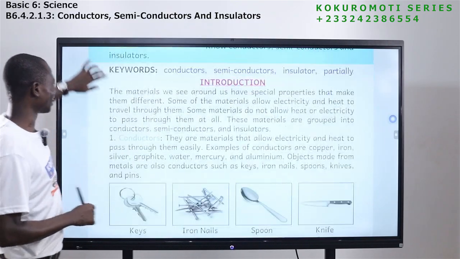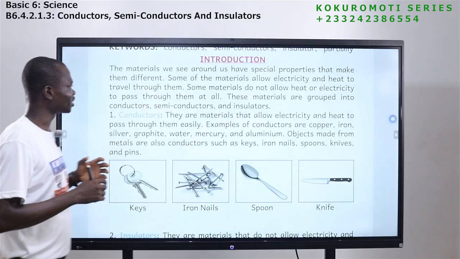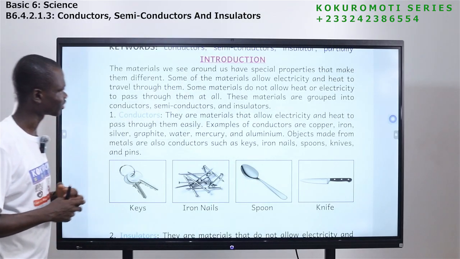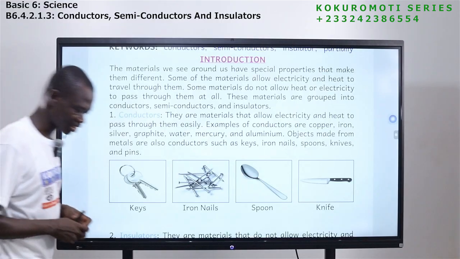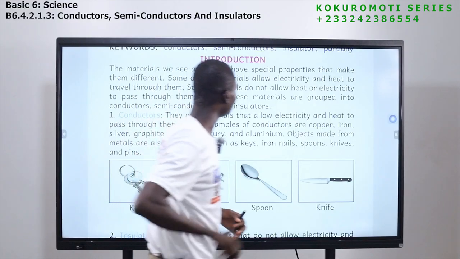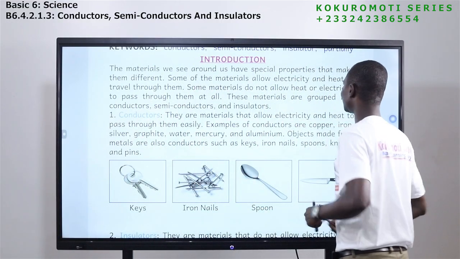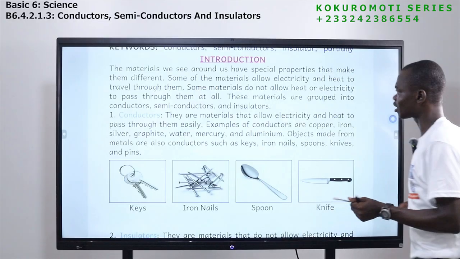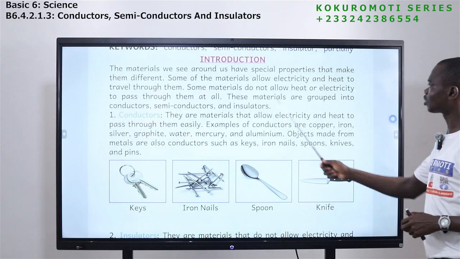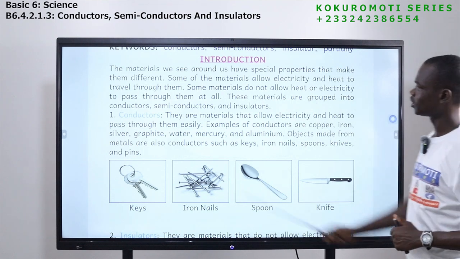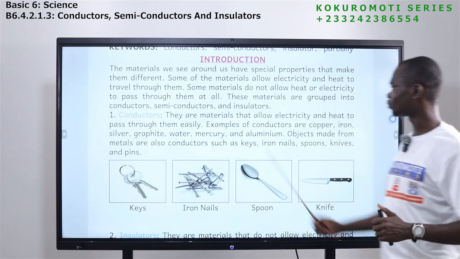Don't worry. The materials we see around us have special properties that make them different. Some of the materials allow electricity and heat to pass through or travel through them. Some materials do not allow heat or electricity to pass through them at all.